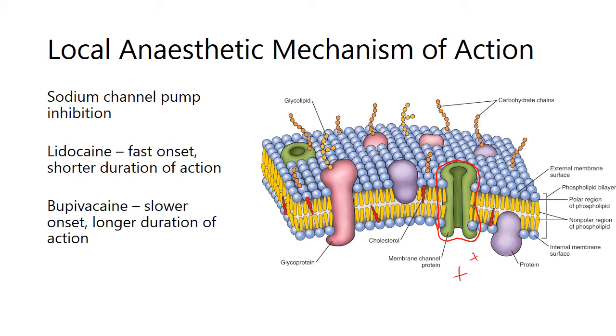So these are sodium channel proteins, and they allow the transmission of sodium ions through the cell membrane and into the cell. That produces this wave of depolarization, or this action potential.